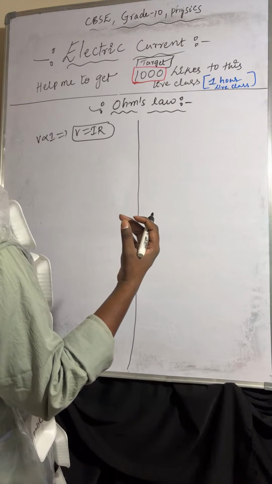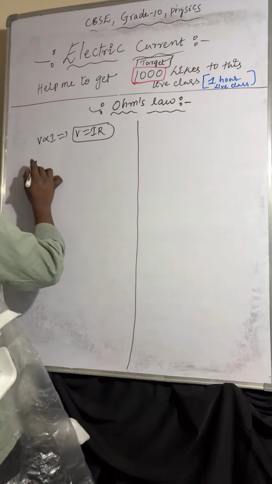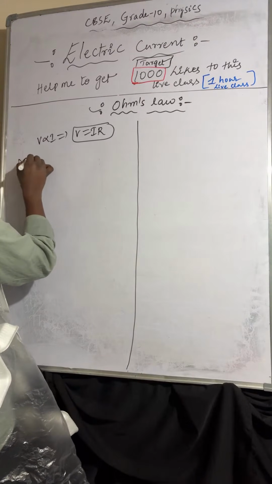So V is directly proportional to I. V equal to IR.